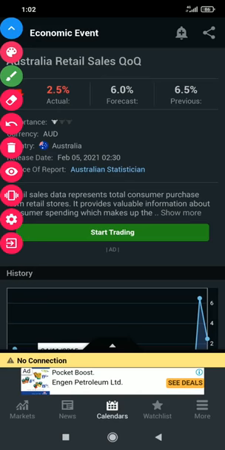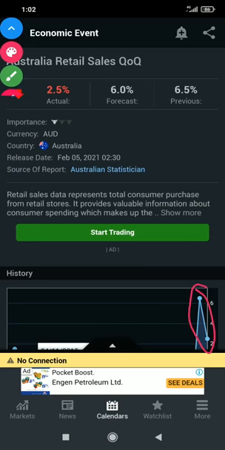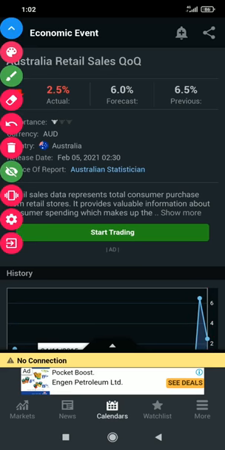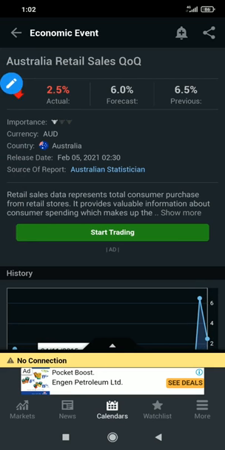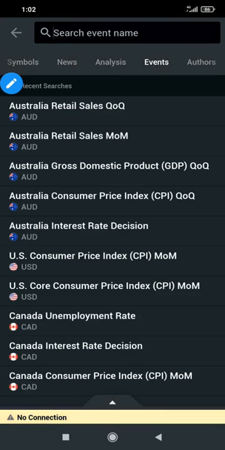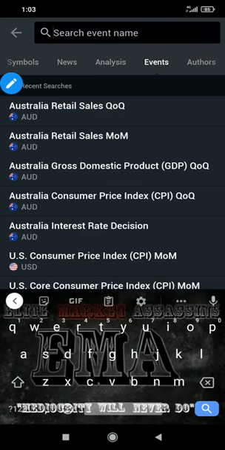So even on the chart, as I was saying, there was a drop. So AUD retail sales was negative. So we have 1 negative and 0 positives.